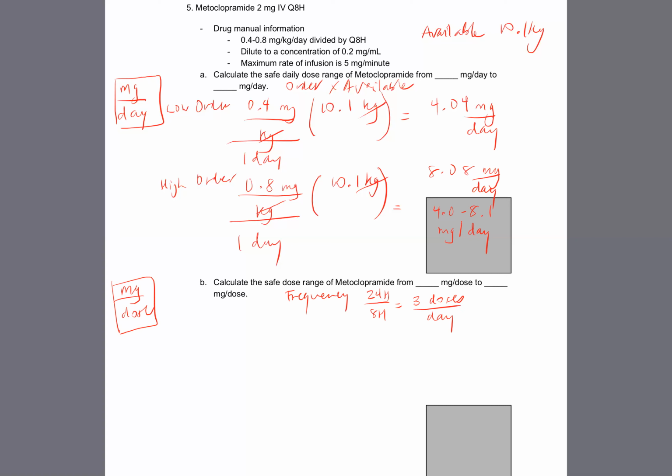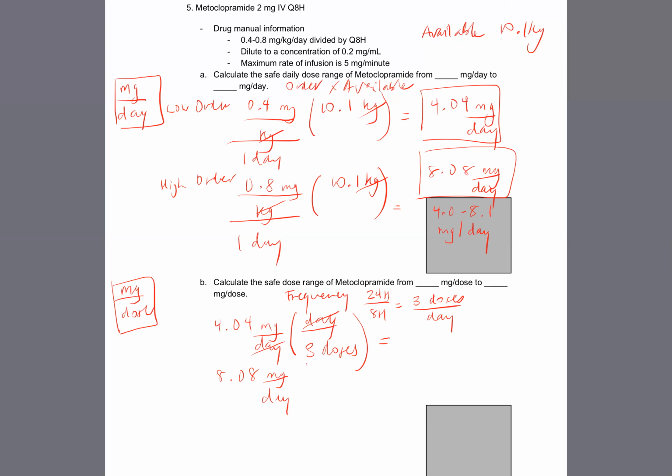So you're going to go ahead and take these answers here, 4.04 milligrams per day, with day in the numerator and 3 doses in the denominator, so the day units cancel. And the same for the 8.08 milligrams per day: day in the numerator, 3 doses in the denominator, so the days cancel out.